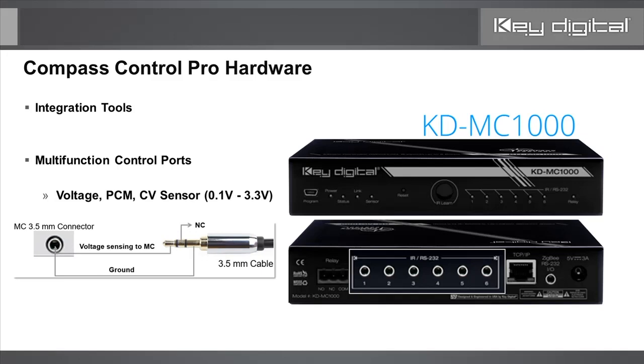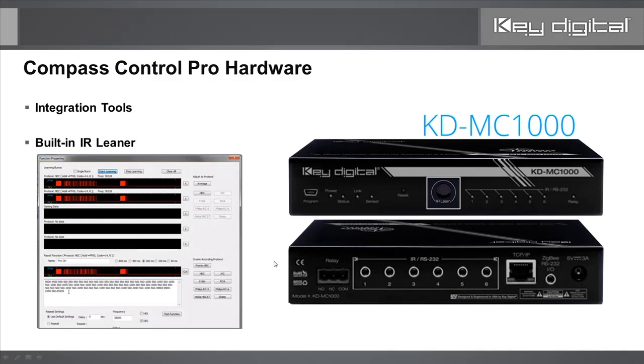They could be voltage sensing for digital audio or composite video sensing, where you could sense voltage anywhere from 0.1 to 3.3 volts on the tip, so you don't need any external accessories to be a voltage sensor or voltage trigger with the MC1000 because of its versatility.